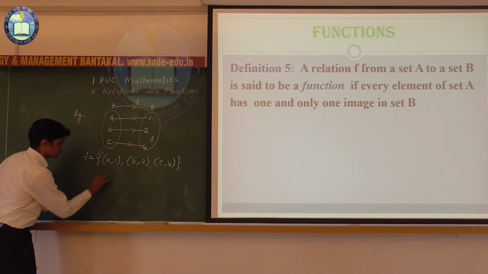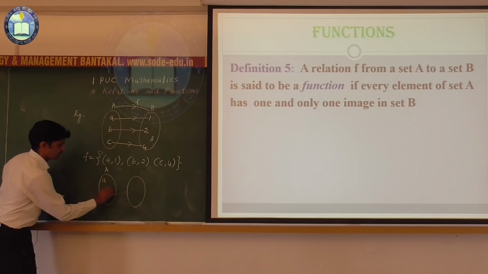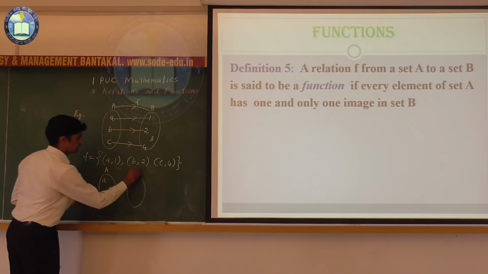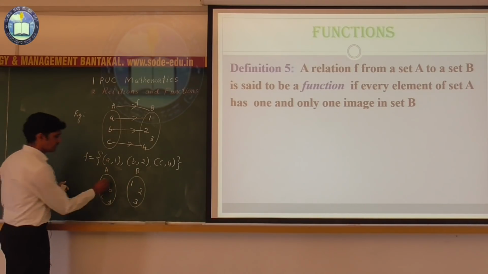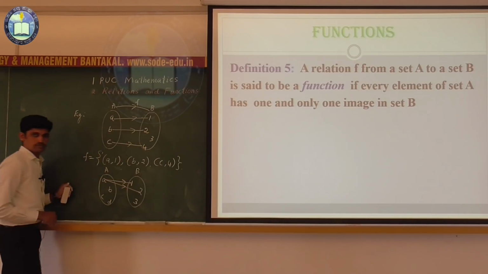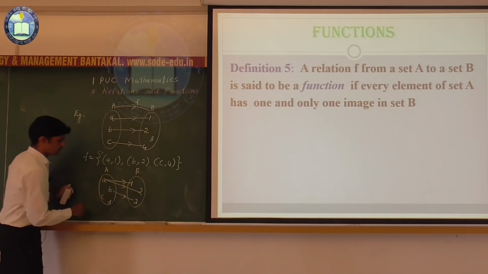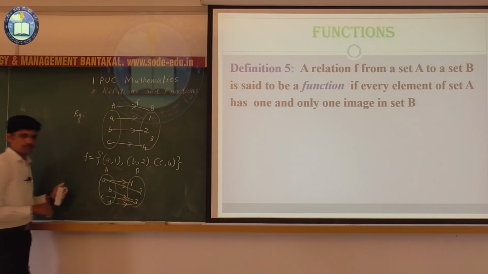Another relation that is not a function is this, where set A is equal to {a, b, c, d}, and set B is equal to {1, 2, 3}, suppose, and a has the image 1, a also has the image 2, b has the image 3, c has the image 3, d has the image 3.